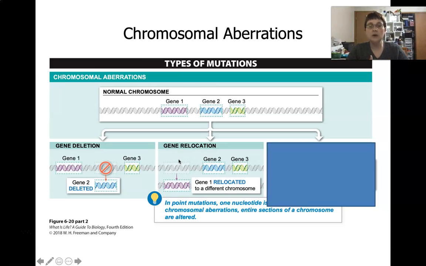So gene relocation, you can see that the gene 1 has been picked up and moved to another chromosome. And remember, we talked in a previous video that the chromosomes are like chapters in a cookbook. And so this would be like if you have a cookie recipe that would normally be with all the other cookies, but you take out that one cookie recipe and you stick it in with the appetizers, right?